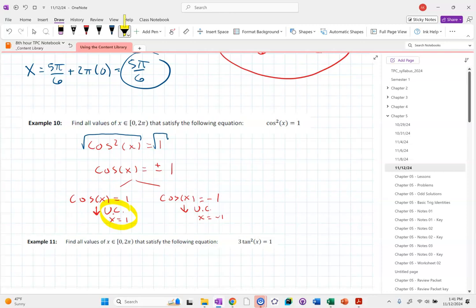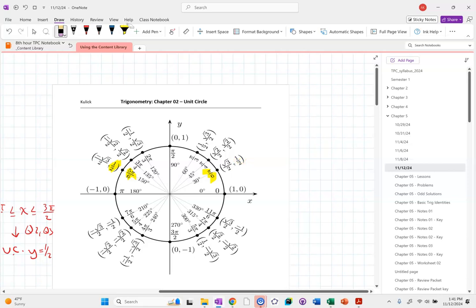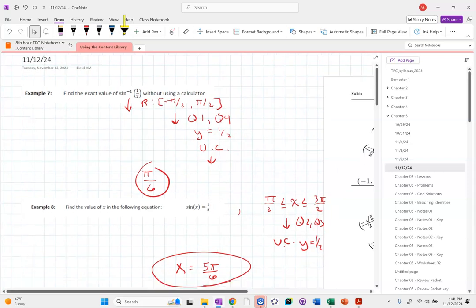So let's start with x is 1 first. So here's one answer. Keep looking at my x's. Negative, oh, that's not what I want right now. I'm just looking at positive 1. And if I go around again, I'm at 2 pi now, right? Is 2 pi an acceptable answer for me to give?